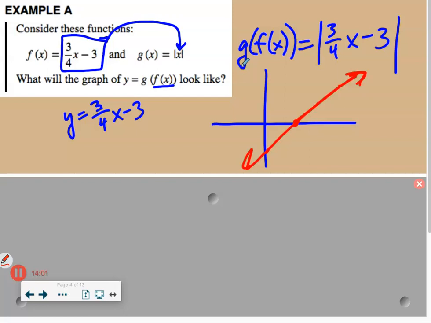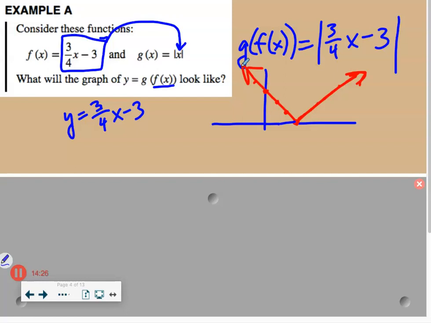If this number is negative 1, the absolute value is 1. Negative 2 goes to 2, negative 3 goes to 3, negative 4 goes to 4. What it does is it takes the part of the graph that's below the x-axis and flips it up above.